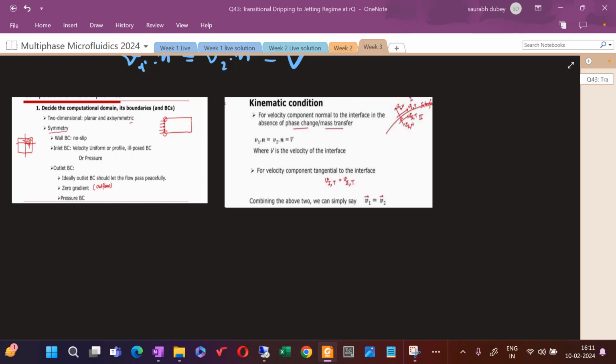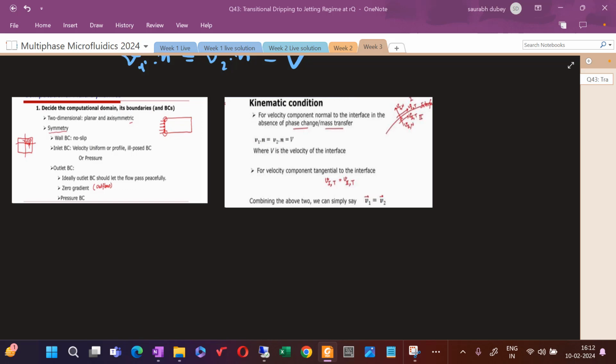And at the interface, there will be four main boundary conditions: continuity of velocity in the x direction, continuity of velocity in the y direction, or the tangential direction, and then the tangential balance equation and the normal balance equation will come into the picture.